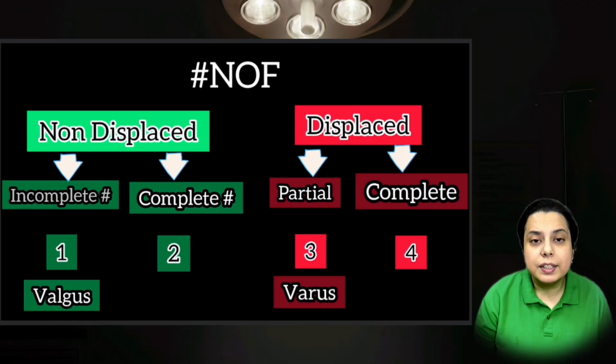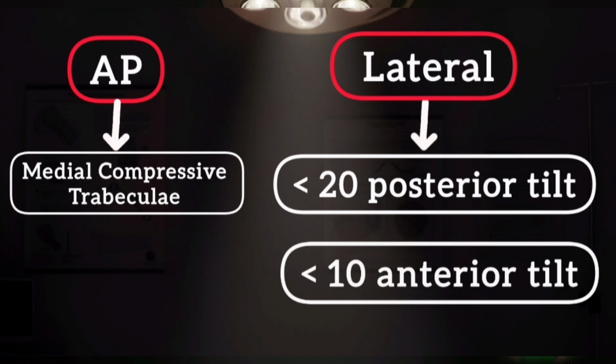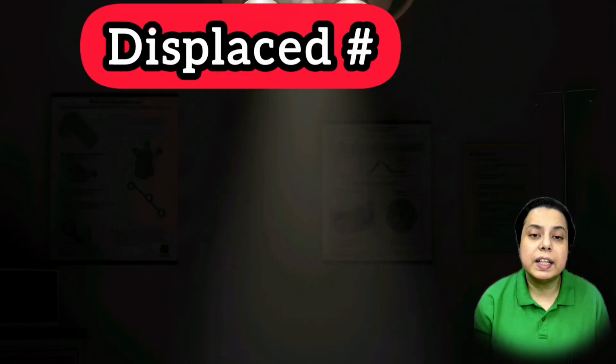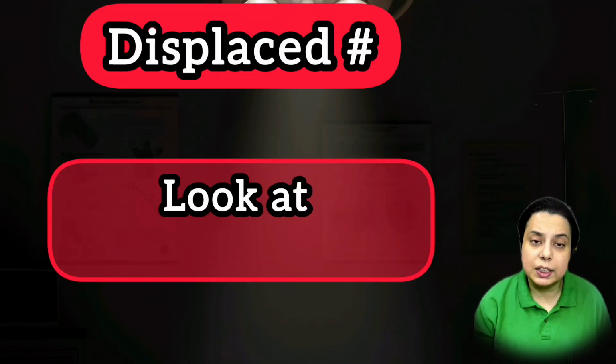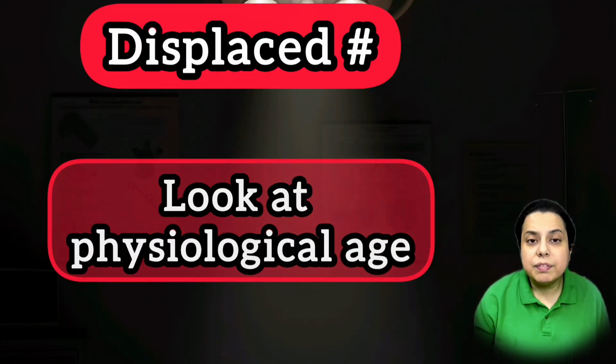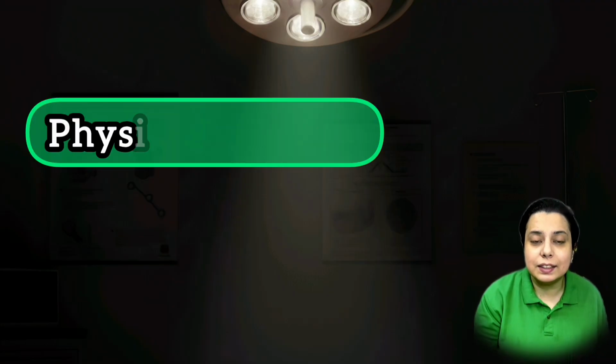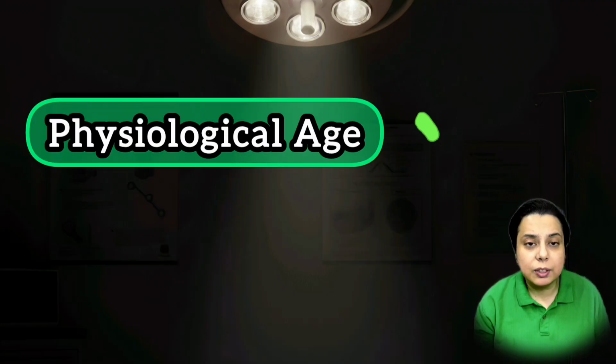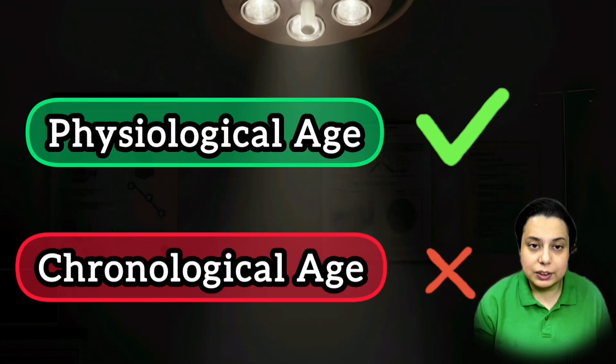Now coming to Garden type 3 and 4, which are displaced fractures. Now displacement means an obvious displacement on the AP, and on the lateral view, you will look for 20 degrees posterior tilt and 10 degrees of anterior tilt. The next factor you assess is the physiological age of the patient. When we refer to a patient less than 60 years, we are focusing on their physiological age rather than the chronological age.